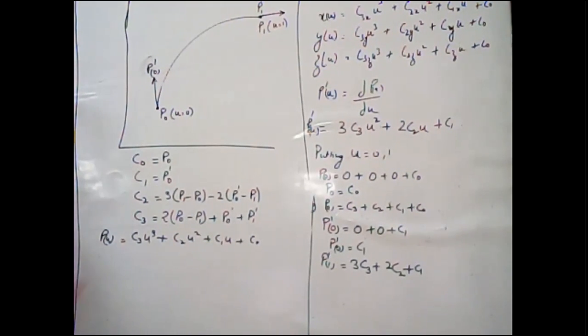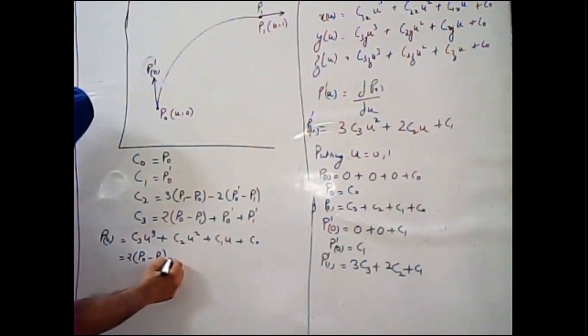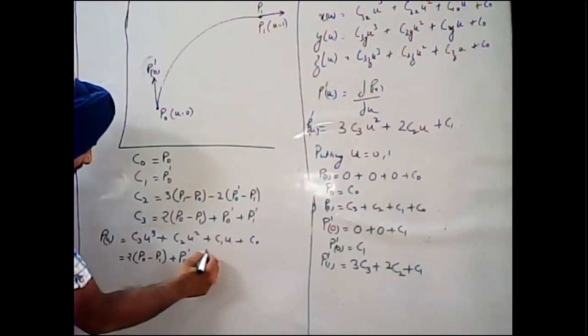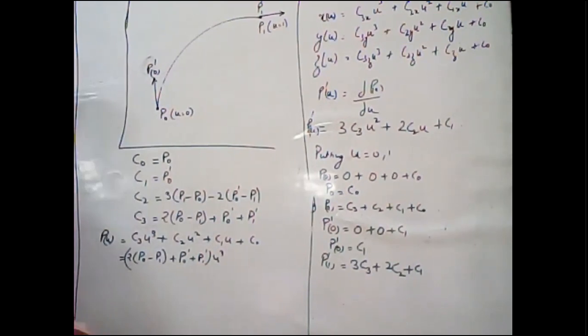You can put the values of C0, C1, C2, and C3 in this equation. If you put these values, say 2P0 minus 2P1 plus P0 dash plus P1 dash into U cube, this is the value of C3.